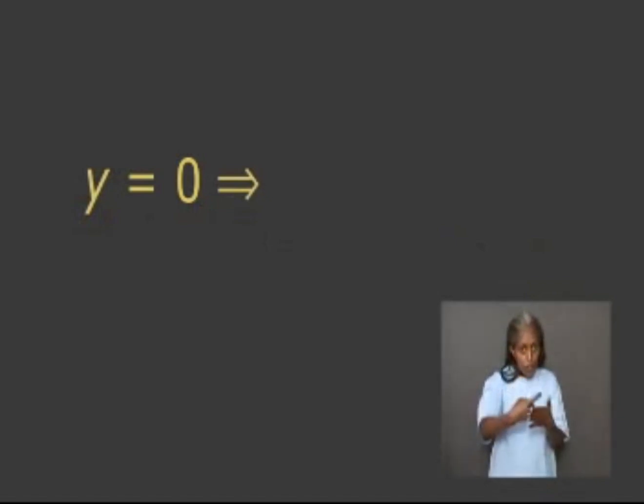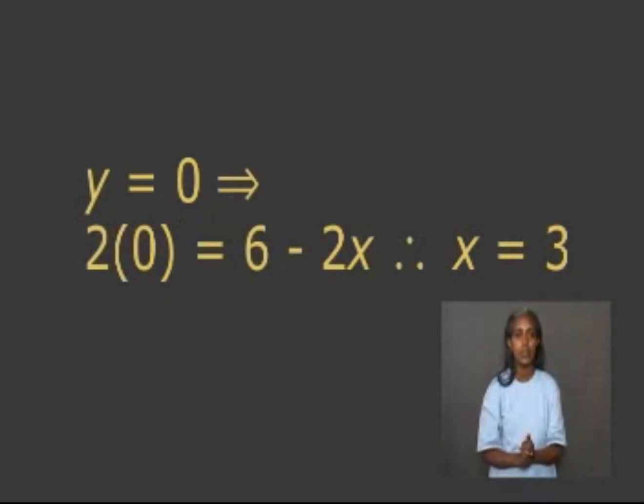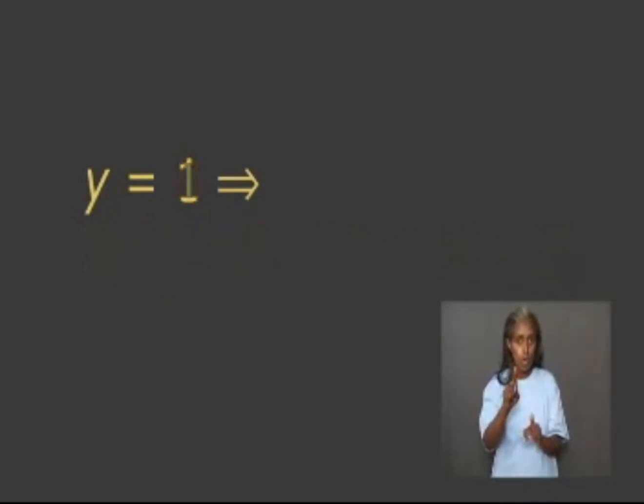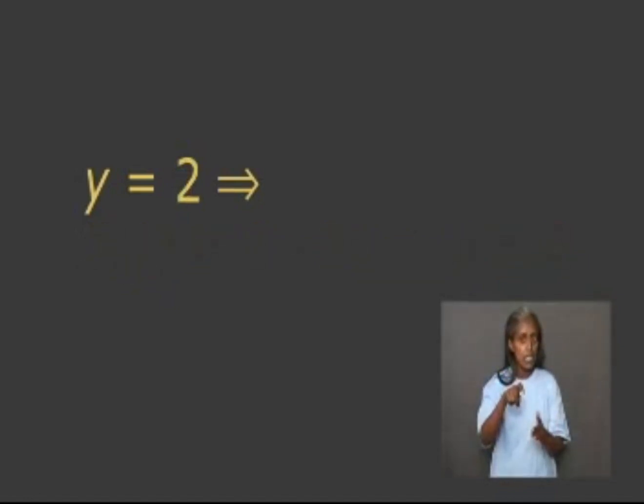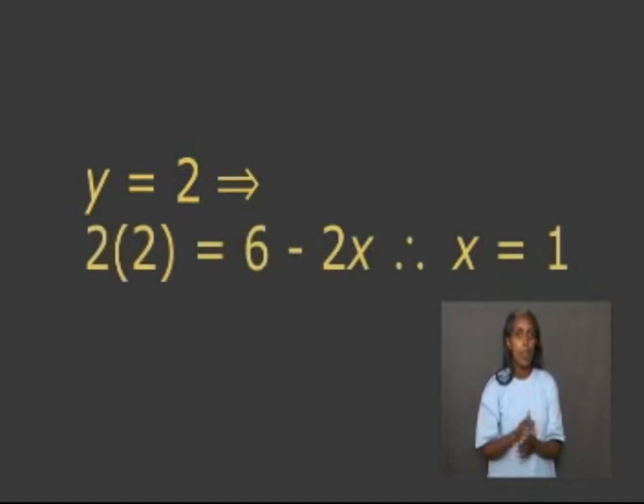When y equals 0, the value of x is 3. When y equals 1, the value of x is 2. When y equals 2, the value of x is 1.